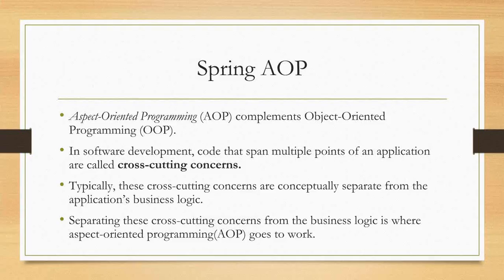When we talk about any code in software development, you'll find that you have code that spans multiple points of an application. The code which spans multiple points of an application is called a cross-cutting concern.